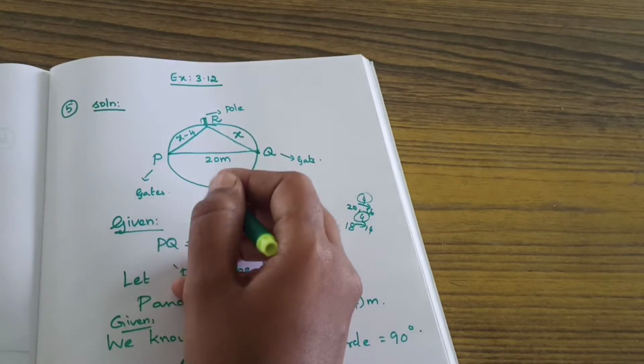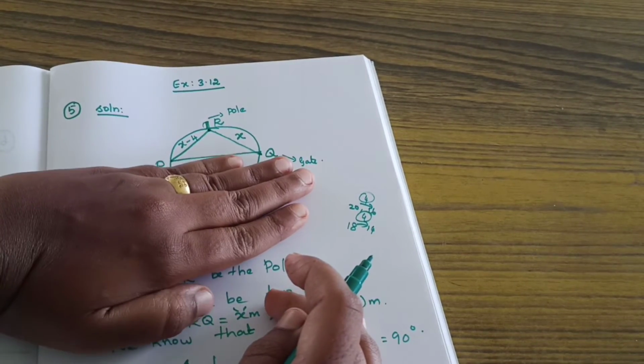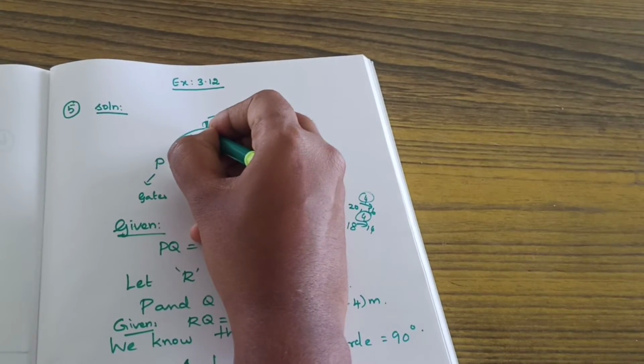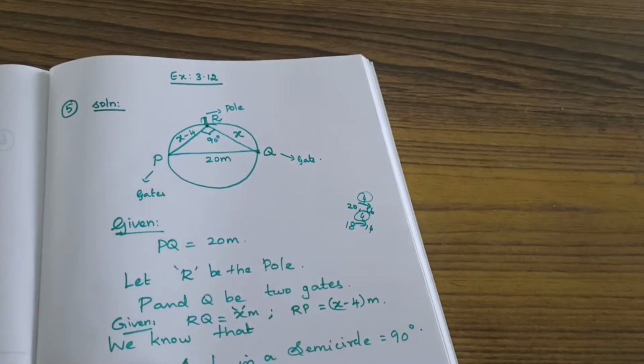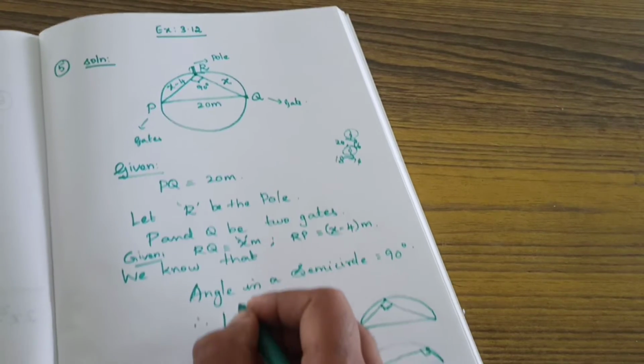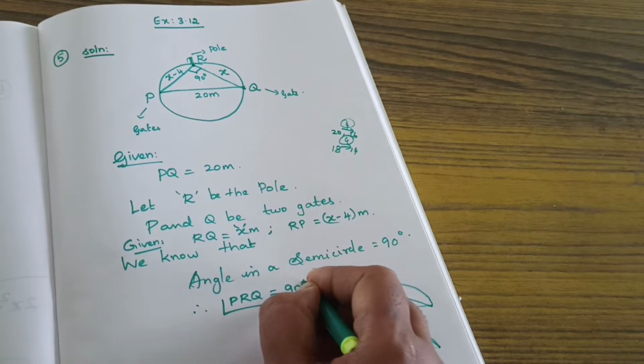In the same way, here we are selecting this point and this is the semicircle, correct? What is the angle it will form? 90 degrees only. Therefore, angle PRQ equal to 90 degrees.